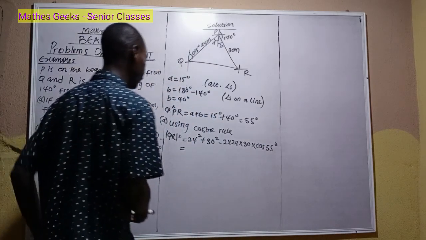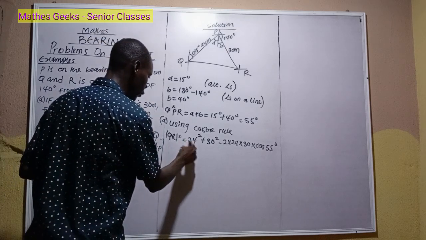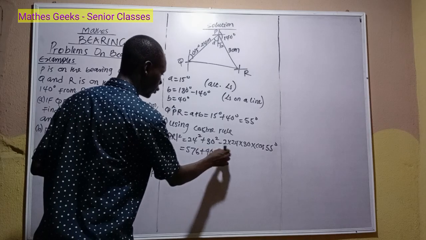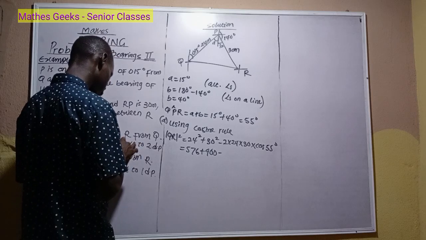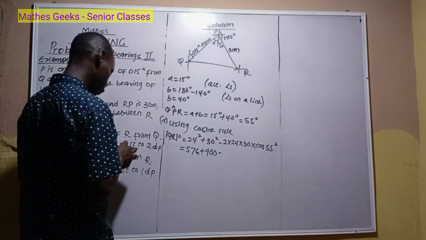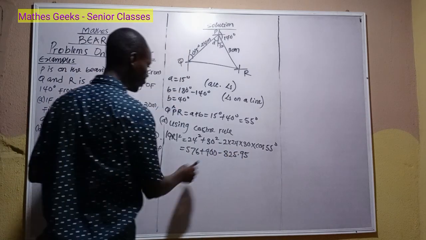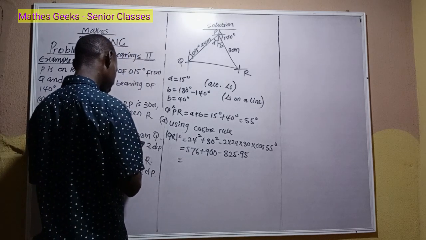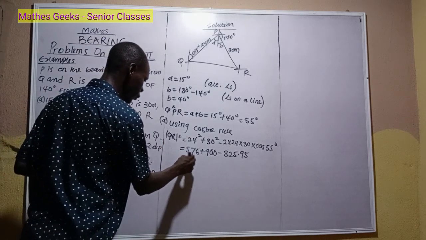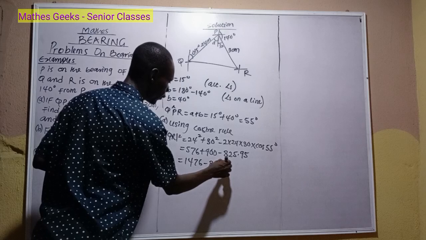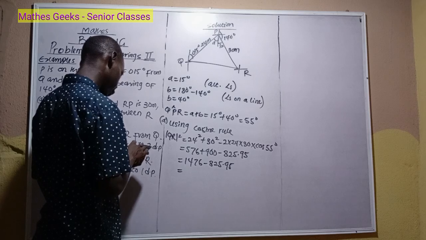And that will give us 576 plus 900, which is 1476, minus 825.95.